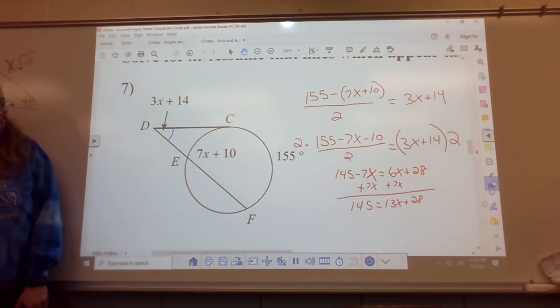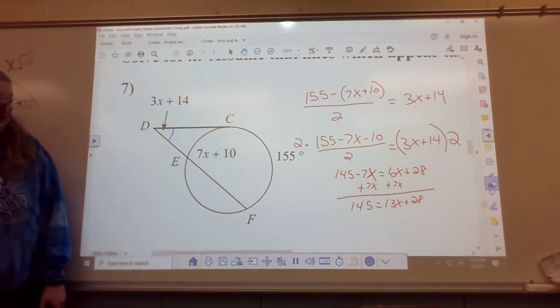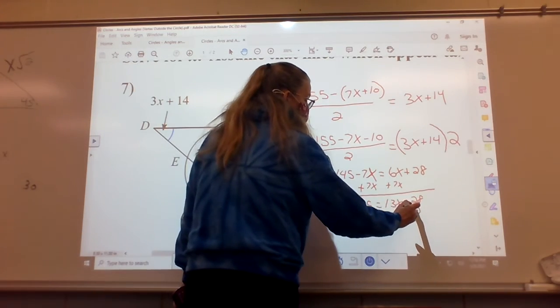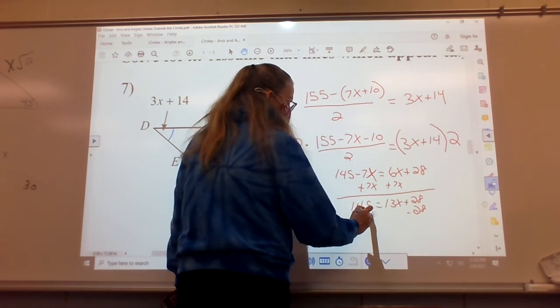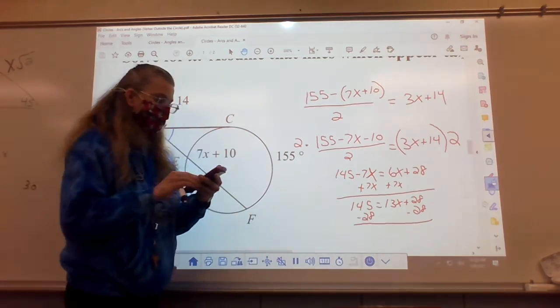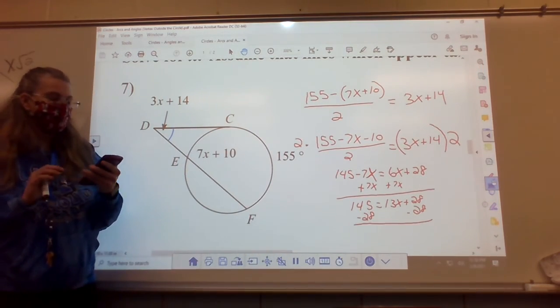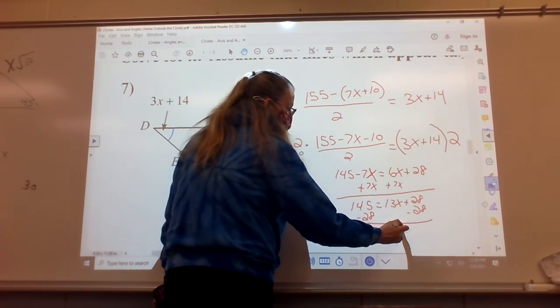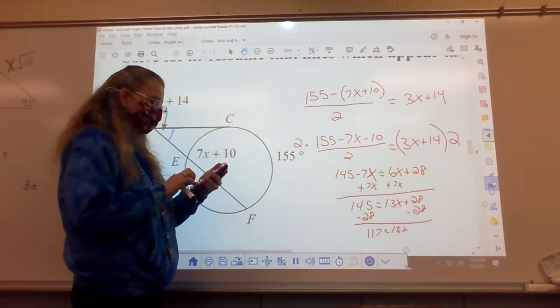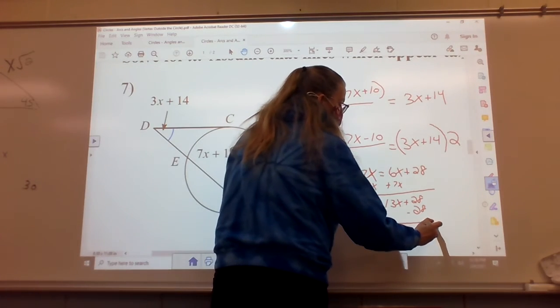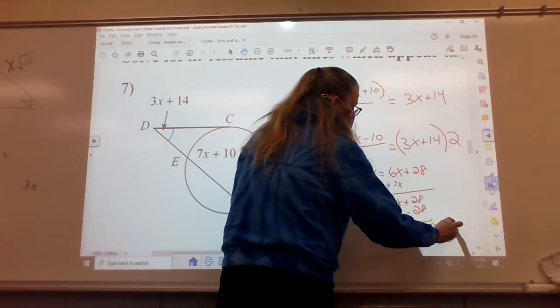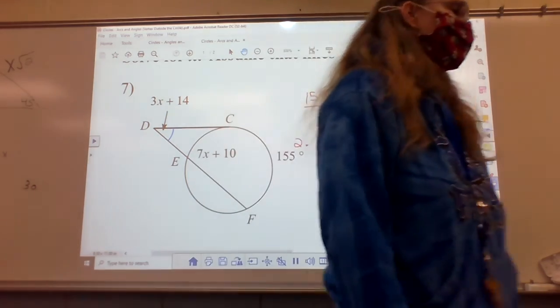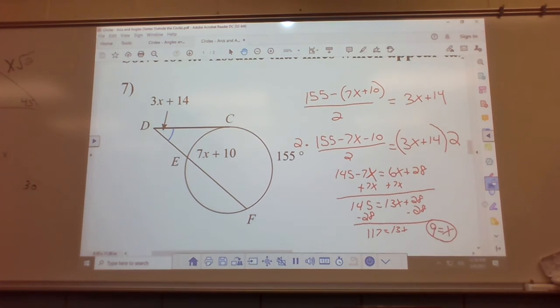Since I moved the x to the right, I've got to move the 28 to the left, so subtract 28. 145 subtract 28, I get 117 equals 13x. And when I divide by 13, my final answer is 9. So x equaled 9. These equation ones, just be really careful because there's a lot of places that you might mess up. They're definitely the trickier of the equations.